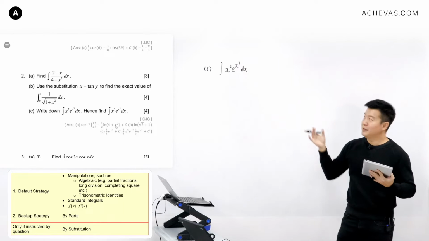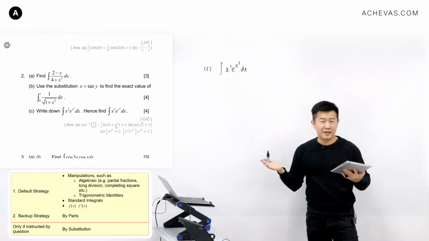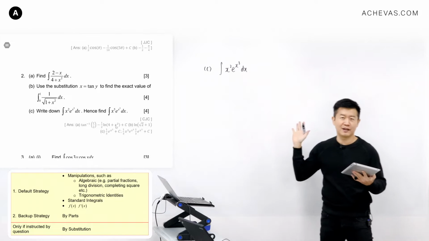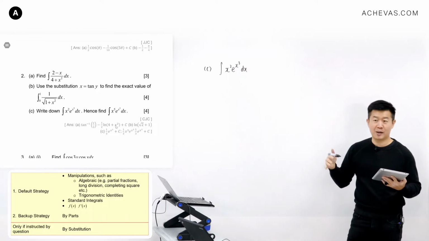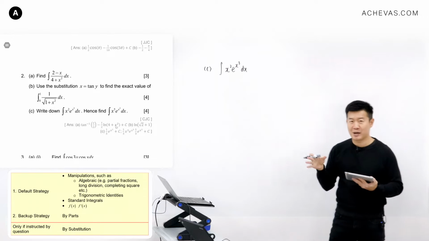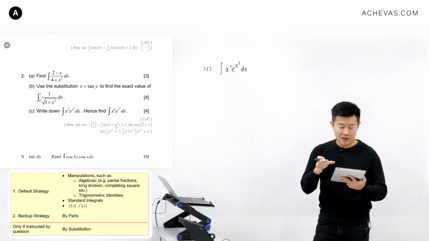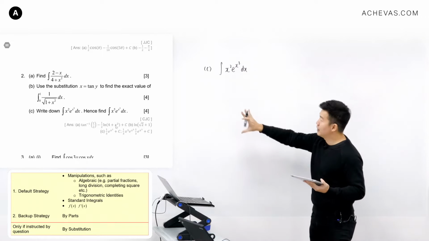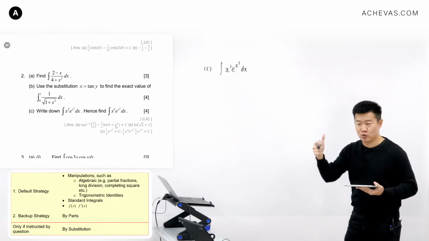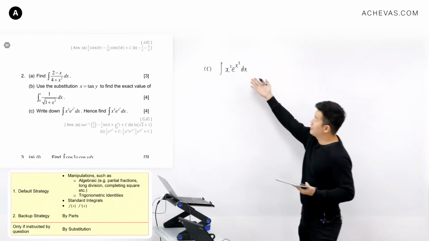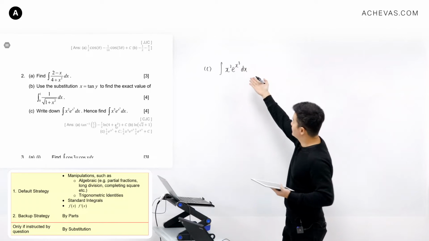And I think probably this is just going to be a 1 or maximum 2 marks question. Most likely it's going to be just 1 mark. So if you are applying integration by parts, it is going to become unnecessarily tedious. So what is our default? Our default is manipulate to standard results or f(x) f prime x. And I can apply f(x) f prime x here, right?